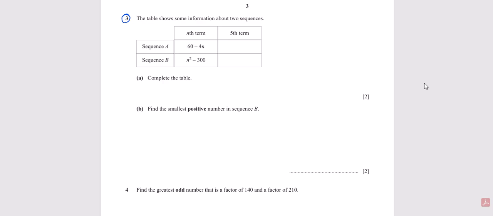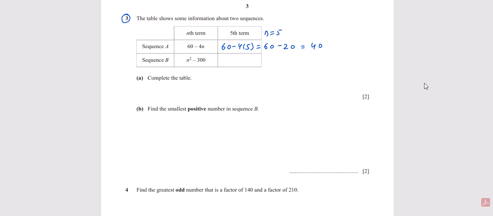So finding the fifth term means that n is equal to 5. So 16 minus 4 into 5. 16 is the same, minus 4 multiplied by 5, that is equal to 20. 16 minus 20 is equal to minus 4.